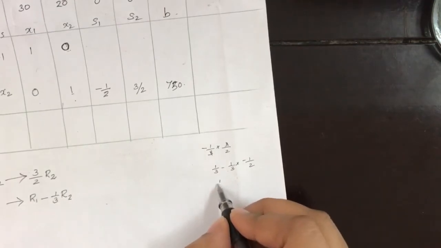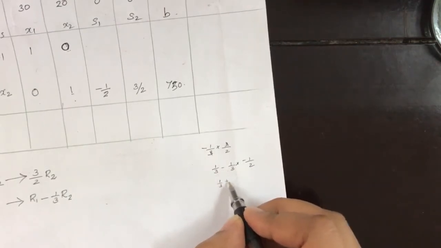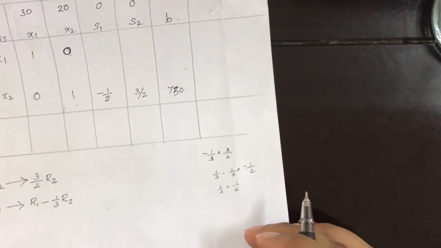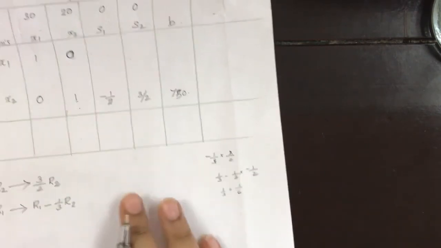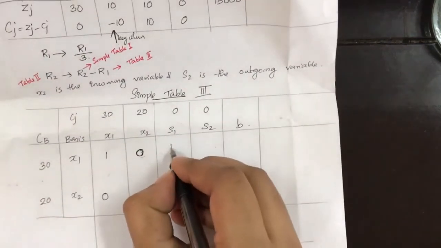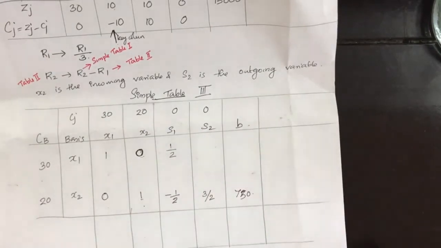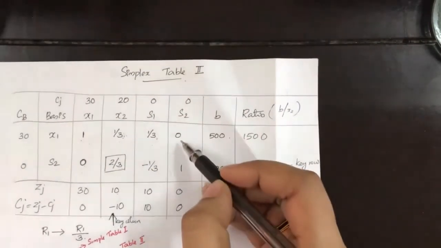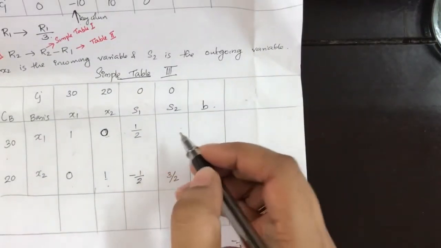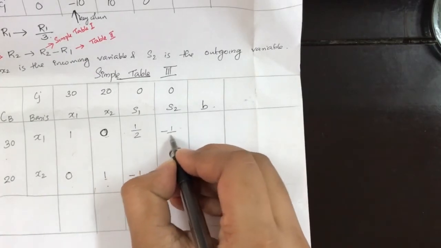So it becomes 1 by 3 plus 1 by 6. So find the LCM and solve. Since LCM is 6, 3 by 6, that is 1 by 2. Here also 0 minus 1 by 3 into 3 by 2, so the value will be minus 1 by 2.